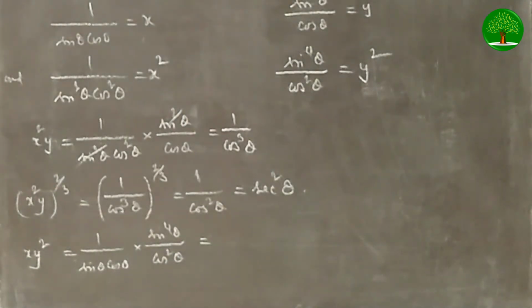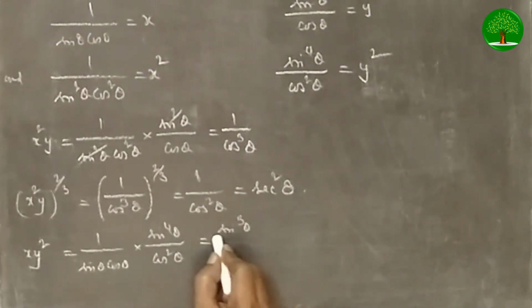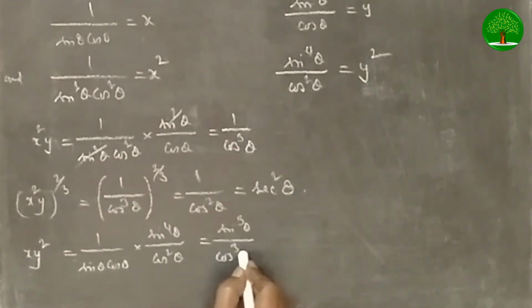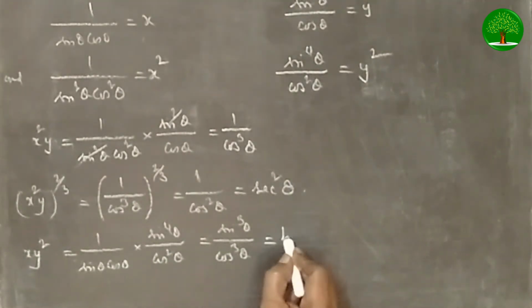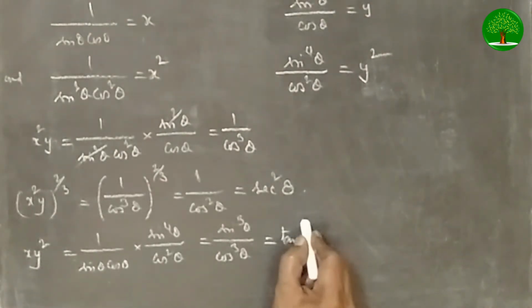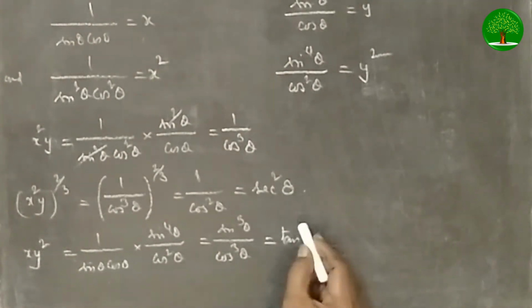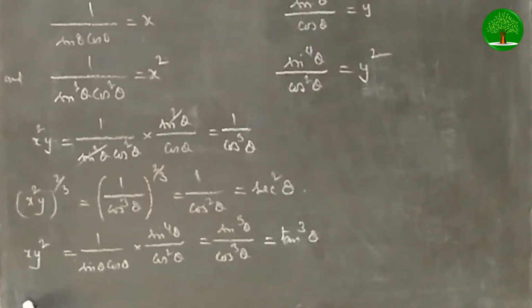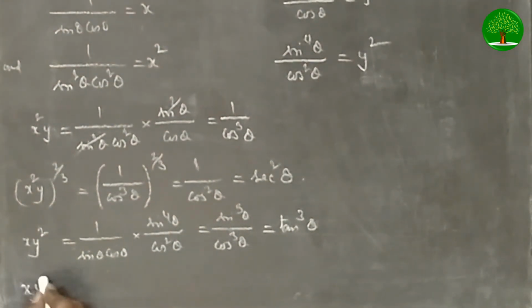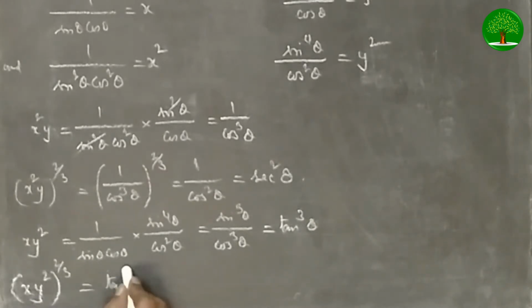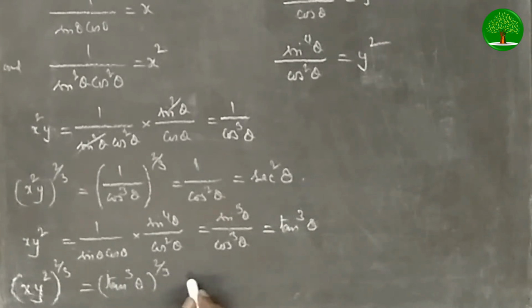This is equal to sin cube theta by cos cube theta, which is tan cube theta. Now (x y square) to the power of 2 by 3 is equal to tan cube theta to the power of 2 by 3, which is tan square theta.